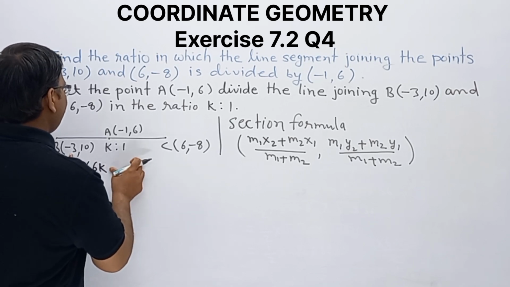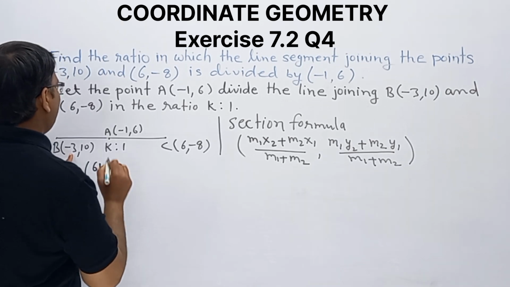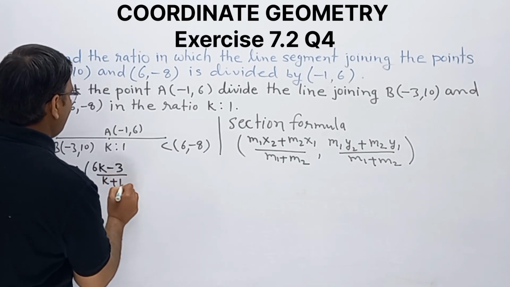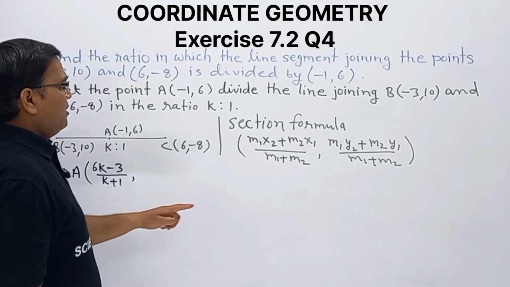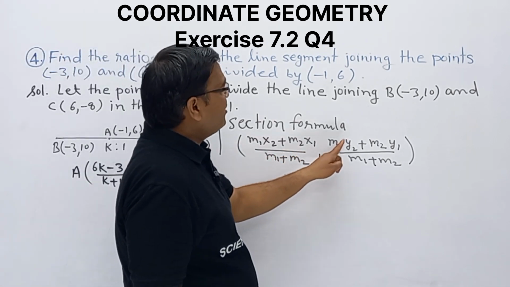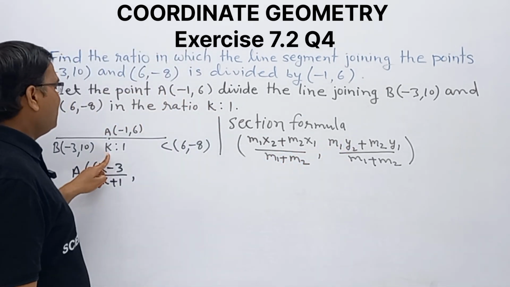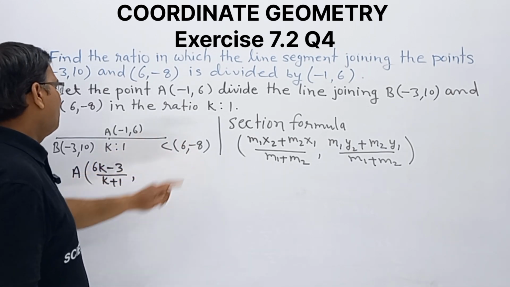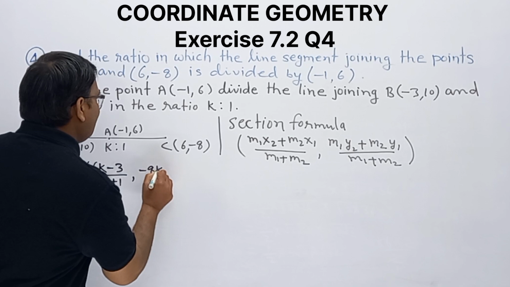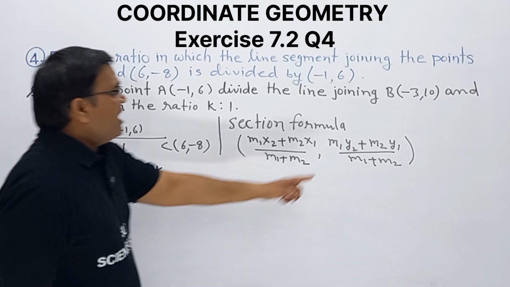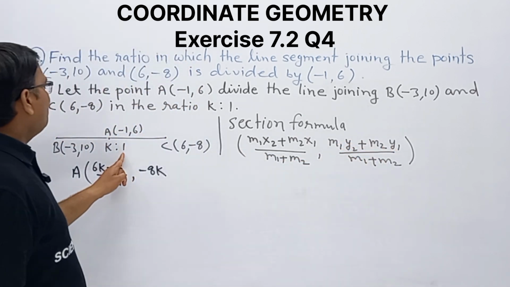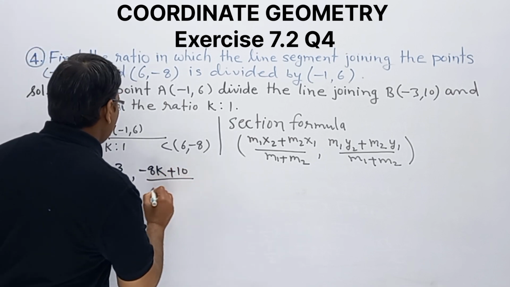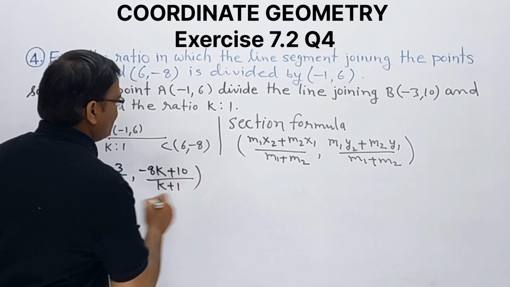So we get (6k - 3) divided by (m1 + m2), that is k + 1, comma m1 y2. m1 is k, y2 is -8. So we can say -8k plus m2 y1. m2 is 1, y1 is 10. So plus 10 divided by k + 1.